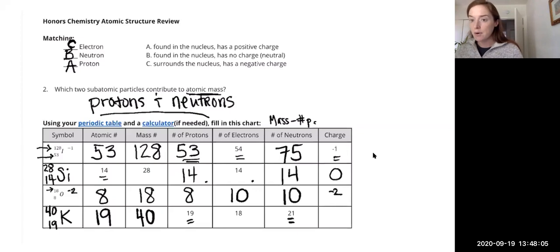There's one more positive part than negative part. 19 is one higher than 18, and these are the positives. So don't forget to go back and put it on your symbol. This potassium ion is a positive ion, and it has a +1 charge.